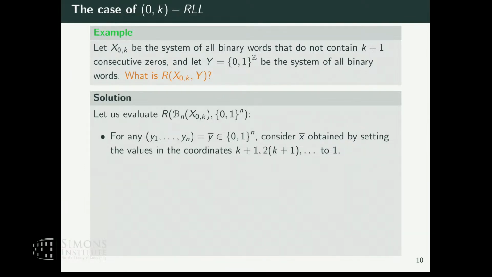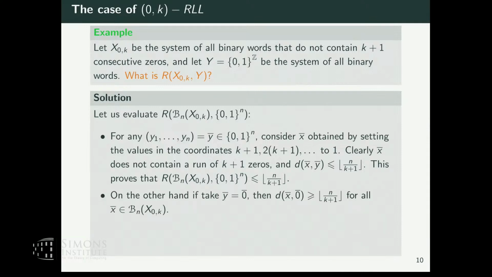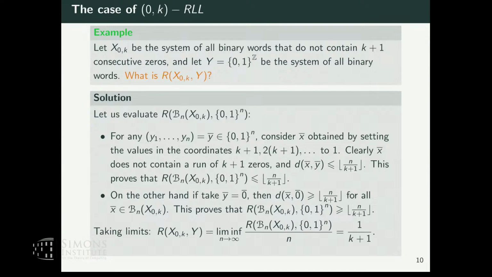And then we are sure to have no run of k plus 1 zeros at all. So that means we used a fraction of 1 over k plus 1. And if we look at what is in covering code terminology called a deep hole, the string of all zeros, this actually requires that fraction. So it turns out that taking the limits, we get that this covering radius is 1 over k plus 1.